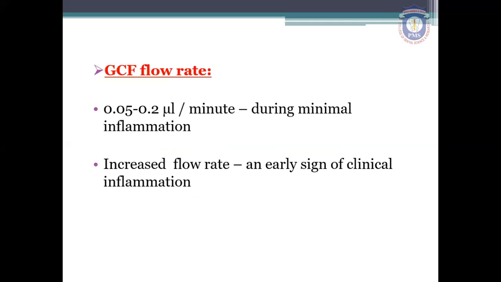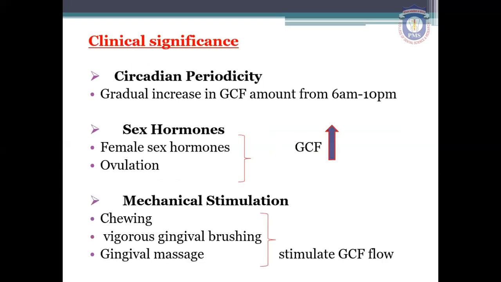Now, coming to the GCF flow rate. During minimum inflammation, it is about 0.05 to 0.2 ml per minute. And during inflammation, this flow rate will increase. Now, what is the clinical significance of GCF? It follows a circadian periodicity, that is, from 6 a.m. to 10 p.m., the GCF amount will gradually increase.